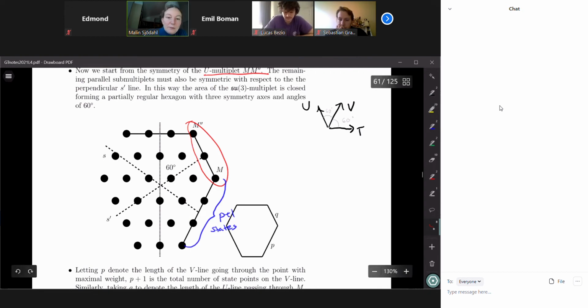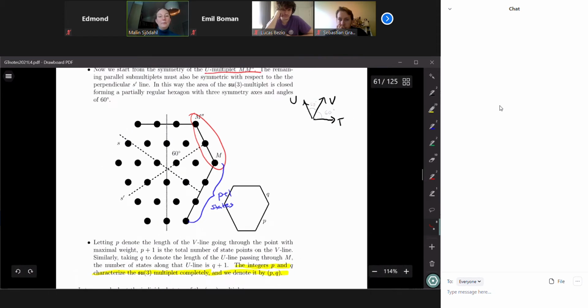We should have a symmetry when mirroring along this line, and the symmetry when we mirror along this line. So the multiplet should be symmetric with respect to mirroring here, here, and here. And this means that it has a hexagonal pattern with 2 degrees of freedom. One is the length here, and the other one is the length here. Given those lengths, the full multiplet follows.